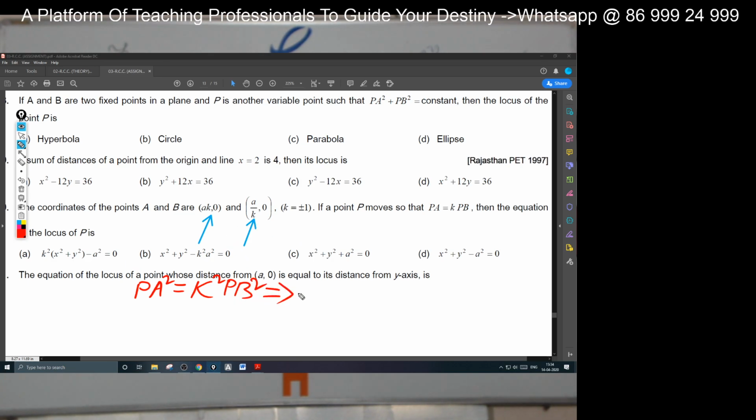What is PA square? P is obviously (x, y), always to be taken as (x, y). (x minus ak) whole square plus y square is equal to k square into (x minus a/k) whole square plus y square.